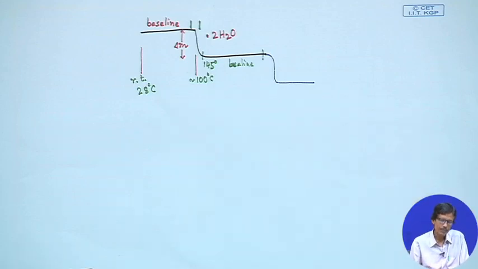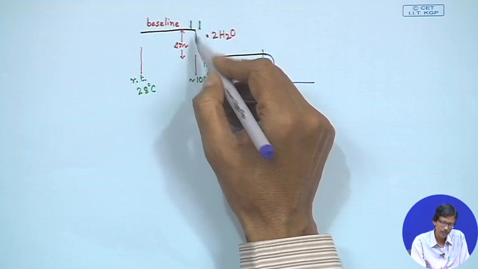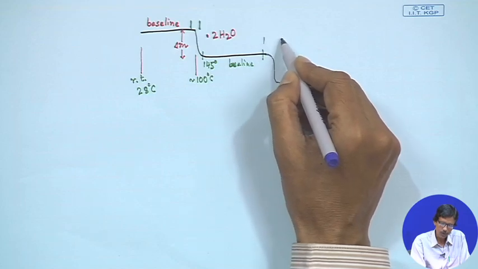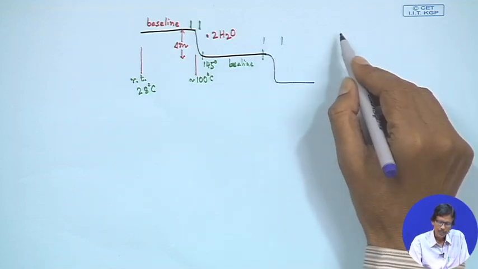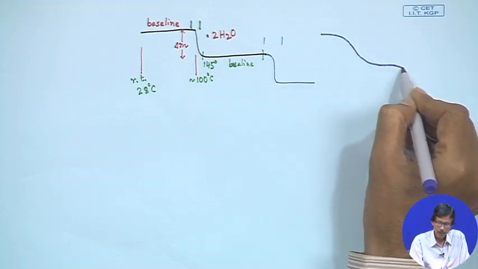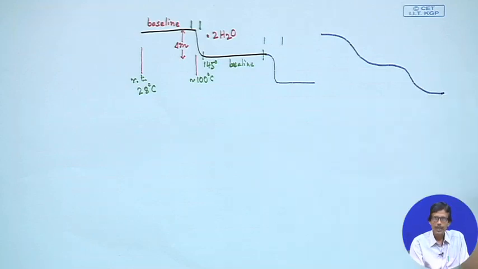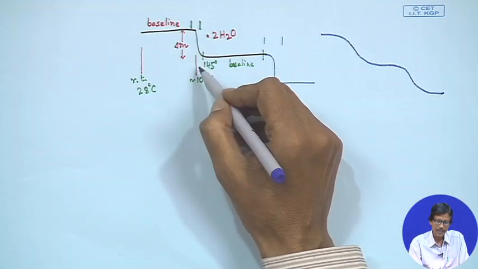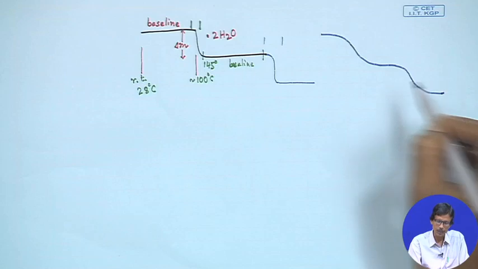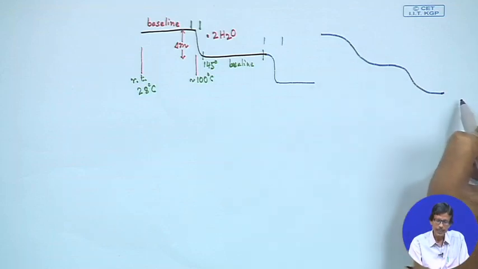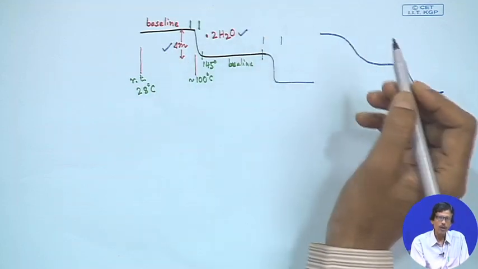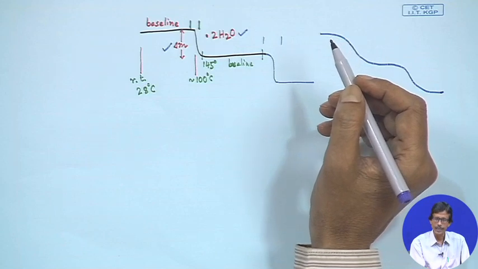So, for the quantitative data, if we get a very sharp change, that means almost a very small temperature range. But instead of this, if we have a process like this or a process like this for these two steps, that means a continuous one, not very discrete steps, it is very difficult to find out up to what particular temperature you have the corresponding baseline, because it is continuously degrading. In that particular case, the delta m value for the removal of water of crystallization is very difficult to identify.